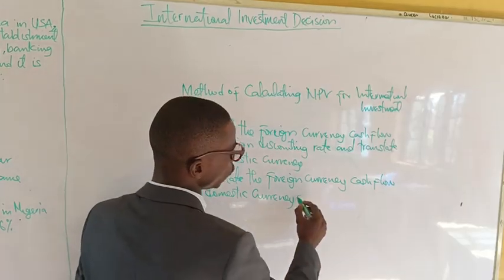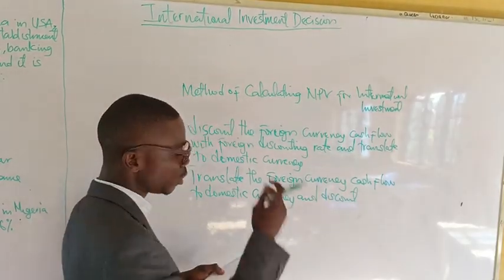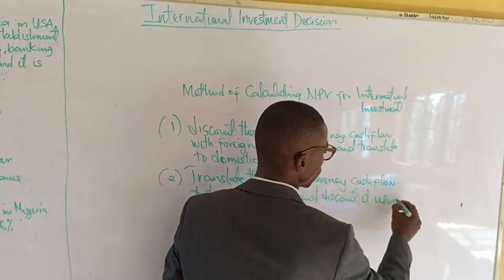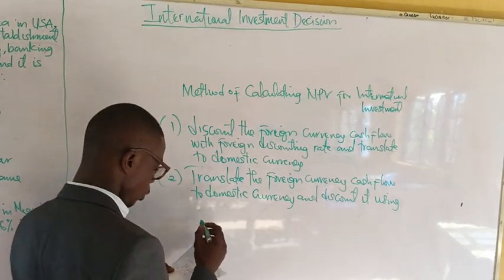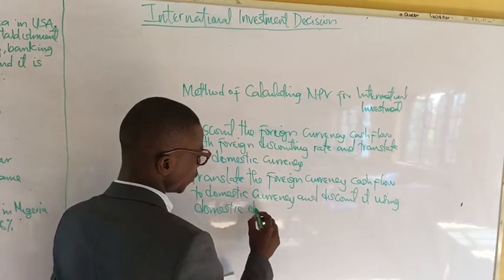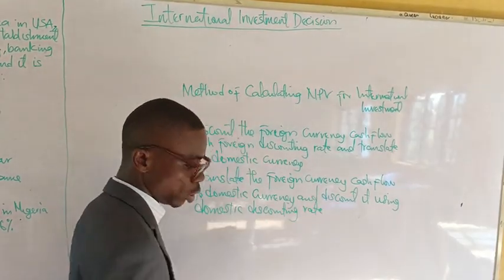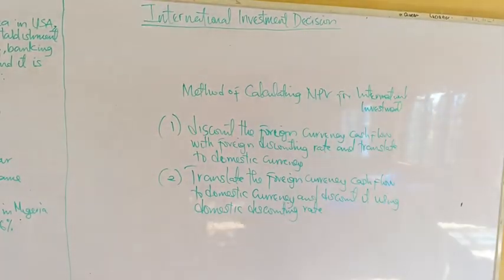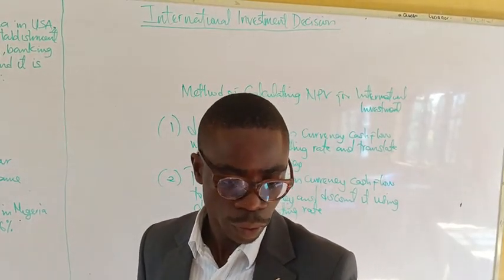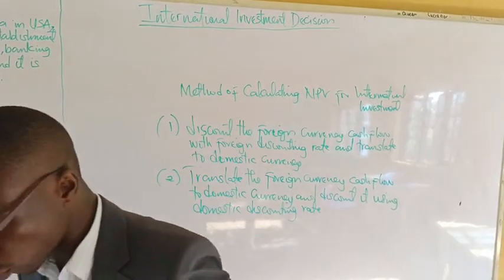After you have done that, you now find the discounted cash flow, so discount it using the domestic discounting rates. So these are the two methods that I can use. But don't let me stress us, just know this. So let's look at a question and solve that question using the two methods.